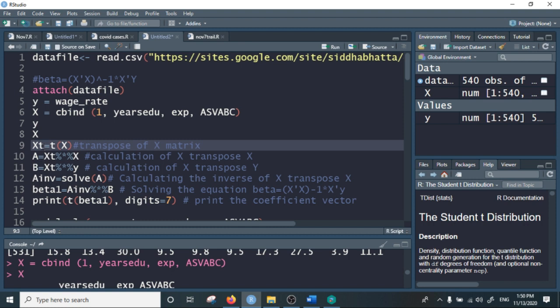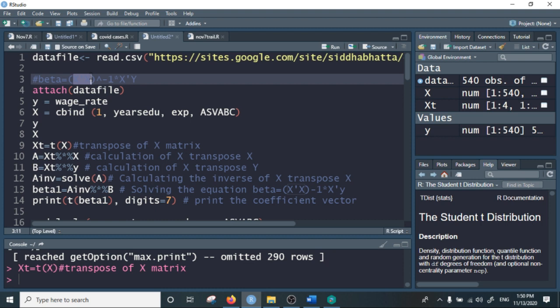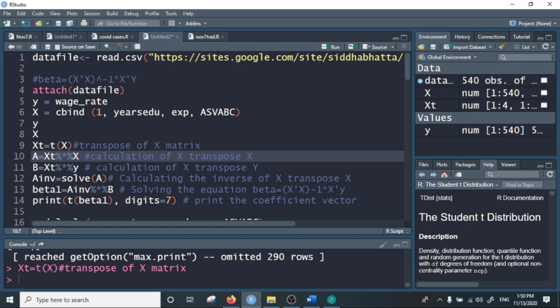I name it XT. So XT is given simply by the transpose of X. XT is a matrix which is a transpose of X matrix. Then I will multiply X transpose and X. To multiply matrices, the procedure in R is to keep a percent sign, asterisk, and percent sign.